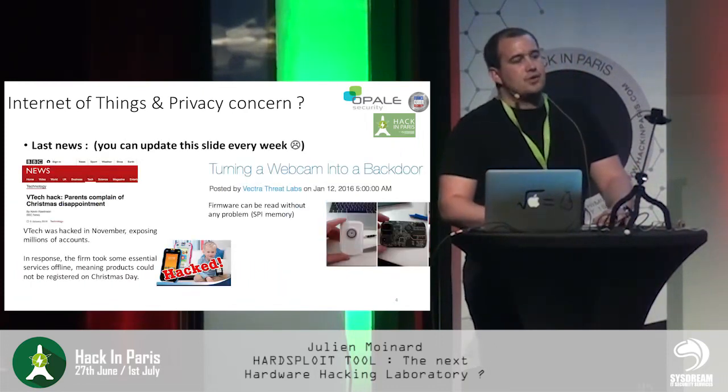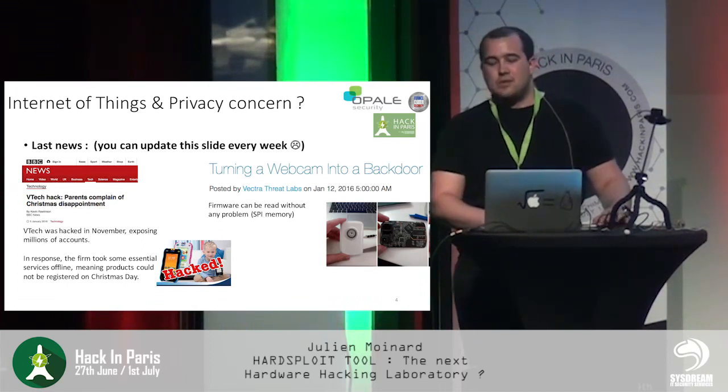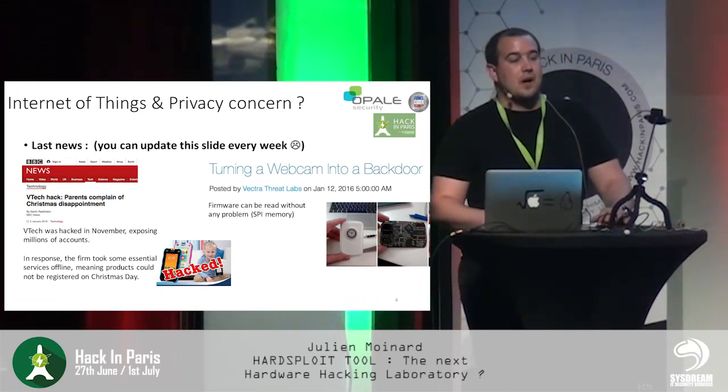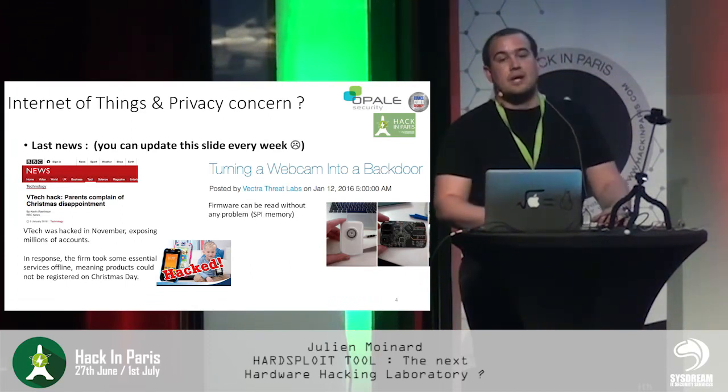Just a second slide, to explain why it's important to focus on hardware now. We can find embedded systems with vulnerabilities, like a webcam. You just need to read the SPI memory and you obtain the firmware. If you want to backdoor this camera, you just need to read it.